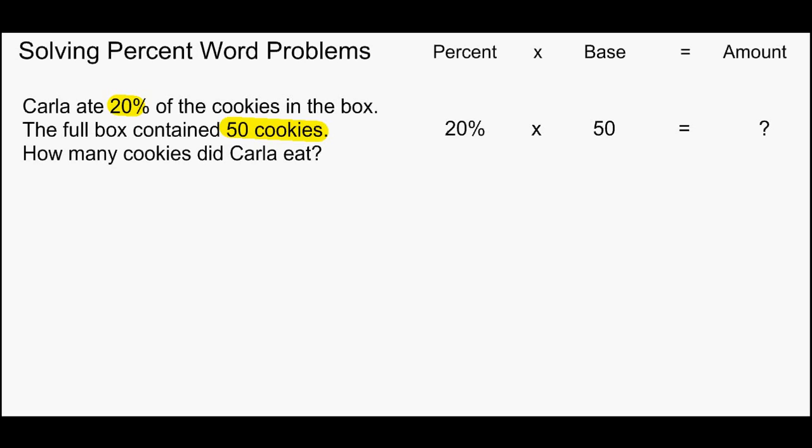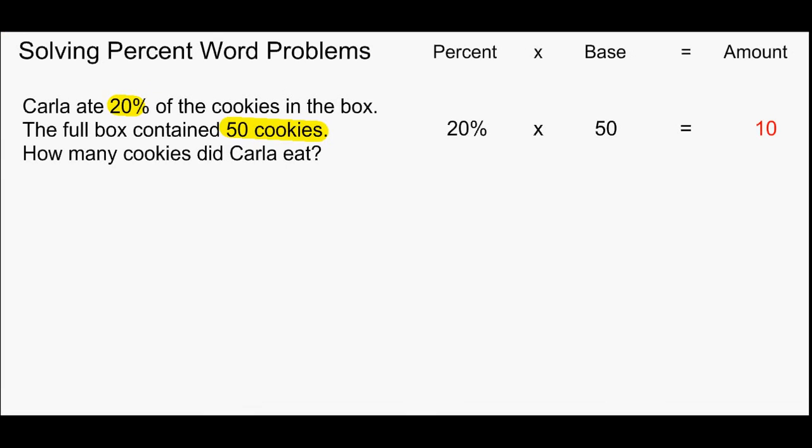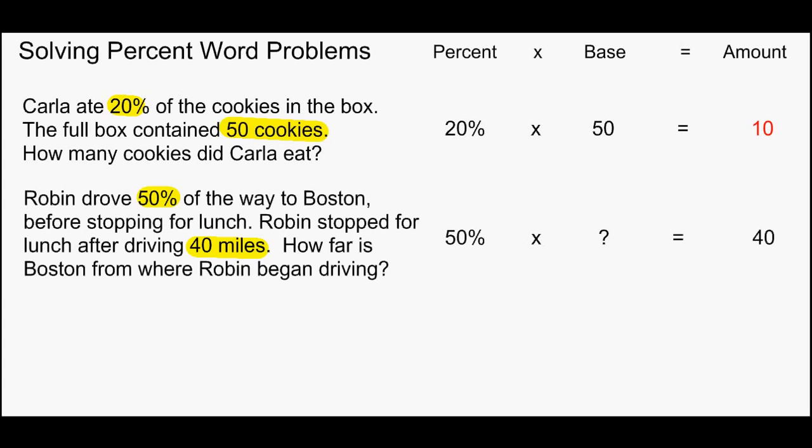We want to know the amount that she ate. Multiply 20% times 50, and you get 10. Carla ate 10 cookies.